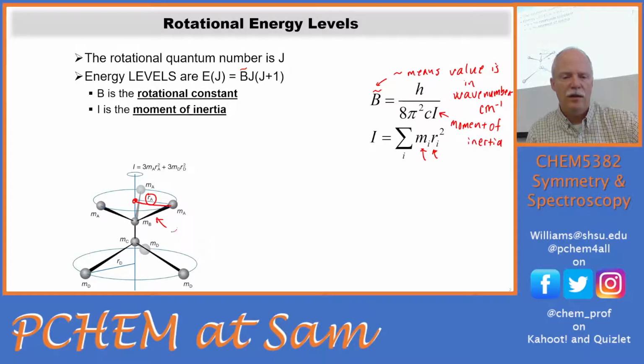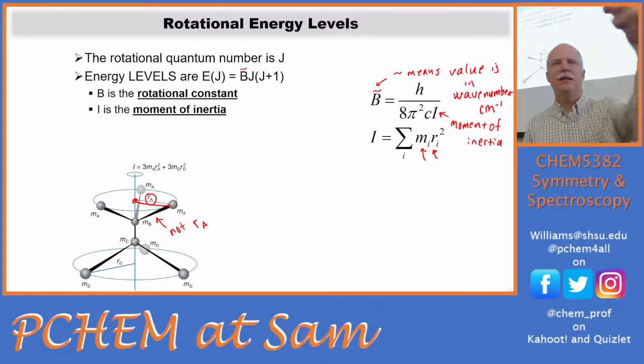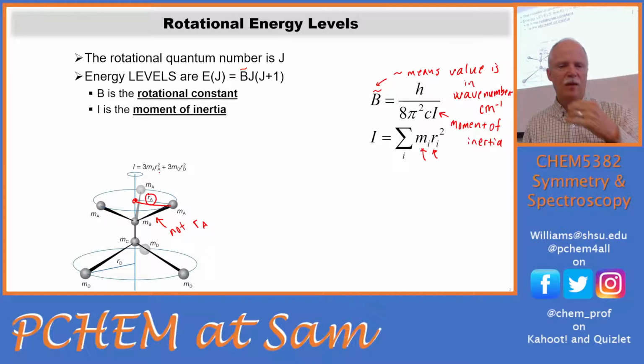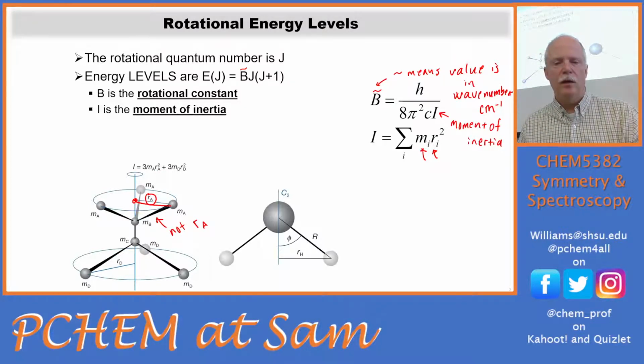Okay. So this moment of inertia is based upon the distance that it is from the axis around which it's rotating. Same with this for water. If it's rotating around the C2 axis, this is R_H, not this. Okay.